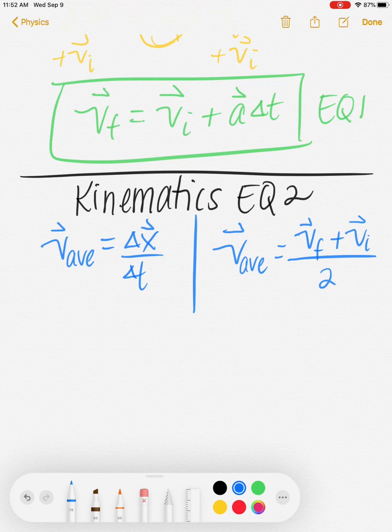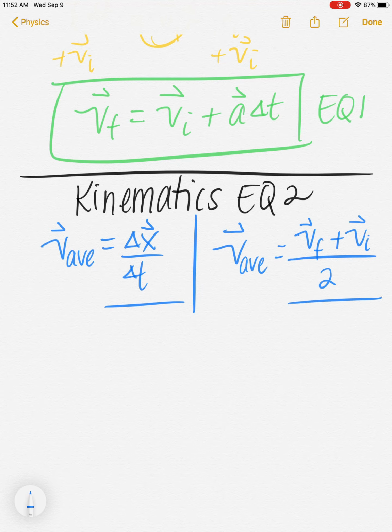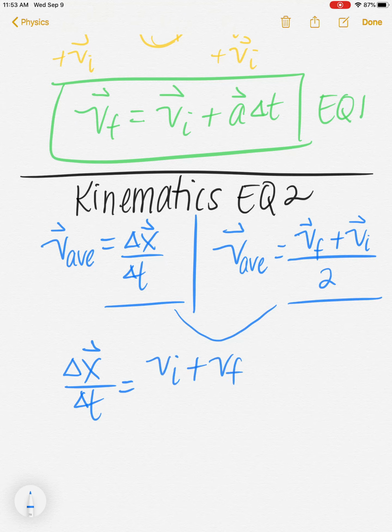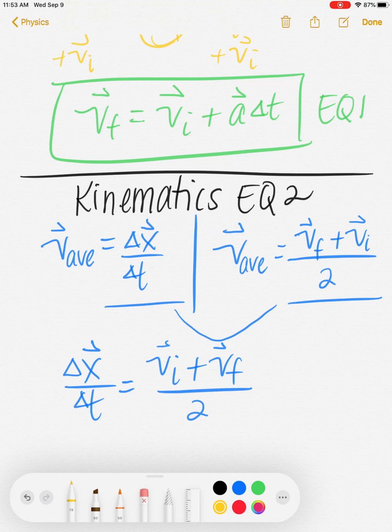Now, if these both equal average velocity, we ought to be able to set them equal to one another. So we could say that displacement over the change in time is equal to initial velocity plus final velocity divided by 2.